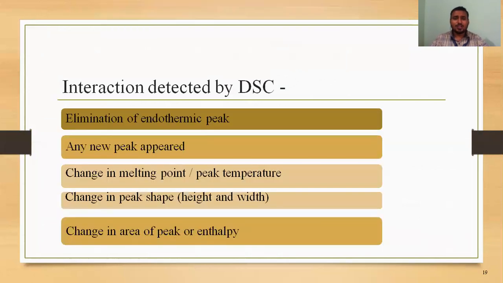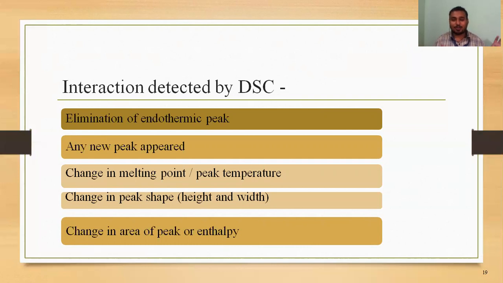Okay, so what can we detect after interaction in DSC? By DSC we can detect elimination of endothermic peak, any new peak appearing, change in melting point or peak temperature, change in peak shape, height and width, and change in area of the peak or enthalpy. So that means we have already validated the endothermic peaks of every excipient or API.